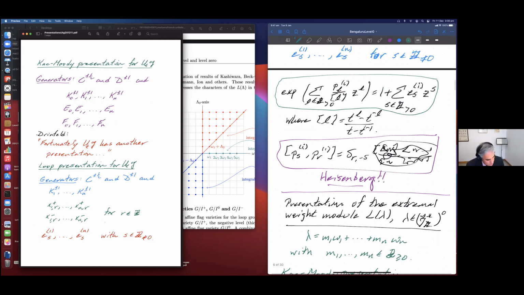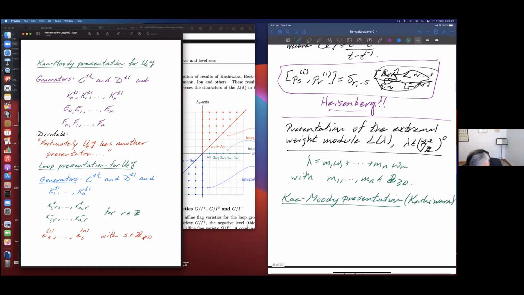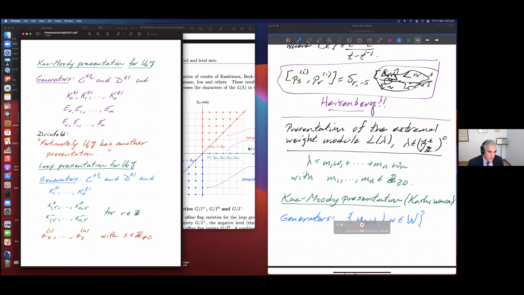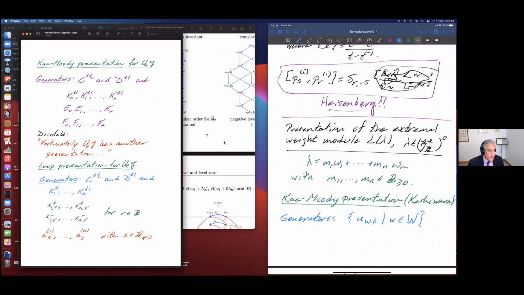Okay, wonderful. So this Katsumudi presentation is Kashiwara's presentation for this. Kashiwara is the one who wrote these down very early. So the generators are u_{w lambda} for w in W. I need to make a comment about this.